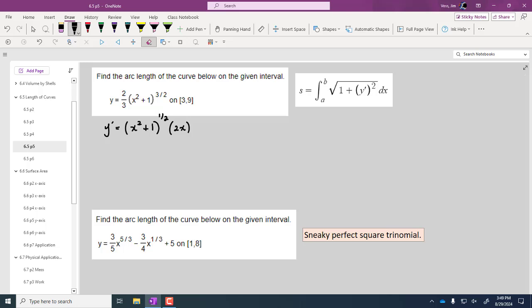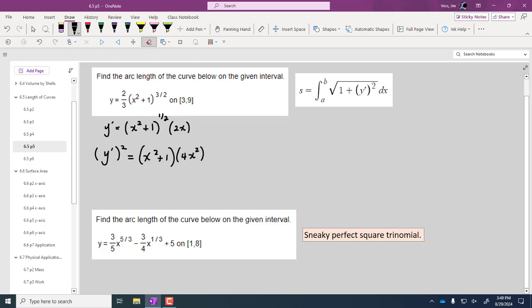We see in our arc length formula that we have to find the derivative squared, so now we're going to square this. And if you square a product, you square each factor in the product. So if we square this, we can square the first part and get x squared plus 1, and square the second part and we get 4x squared.